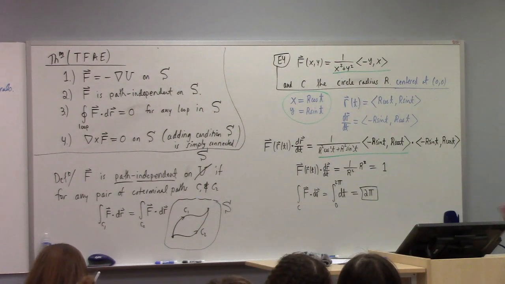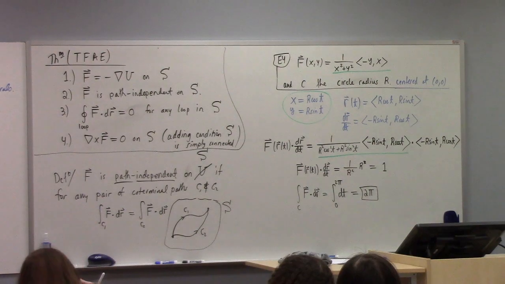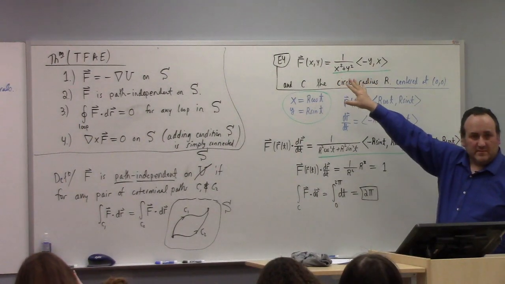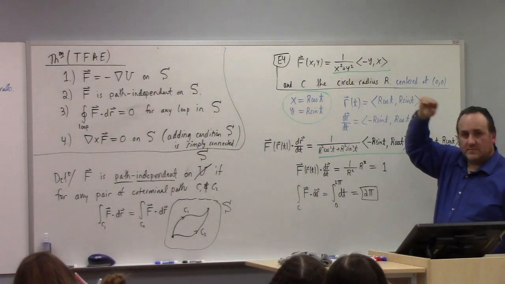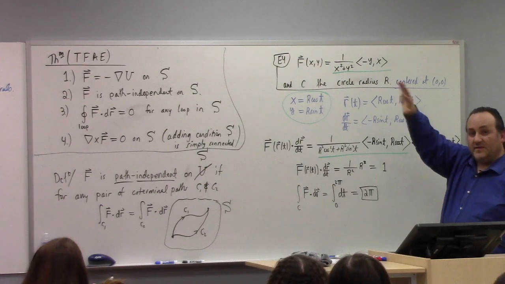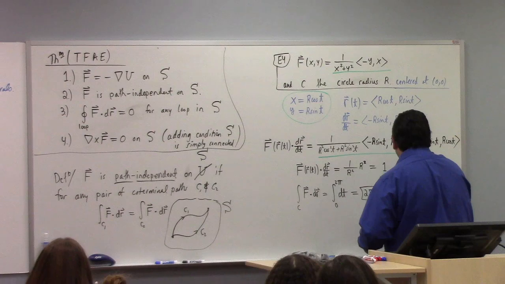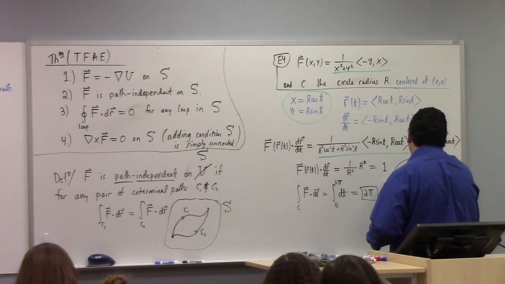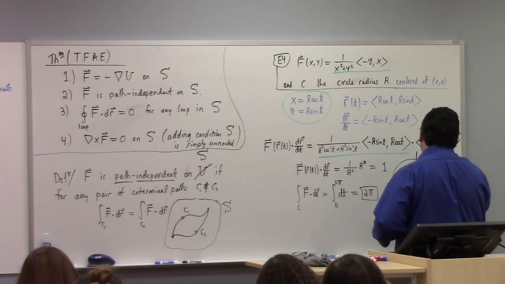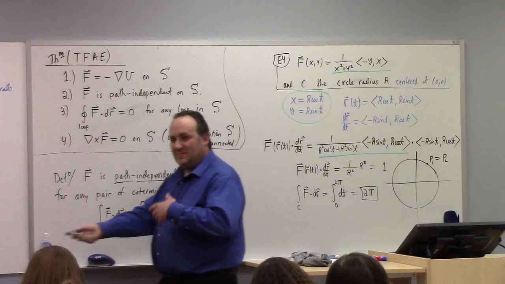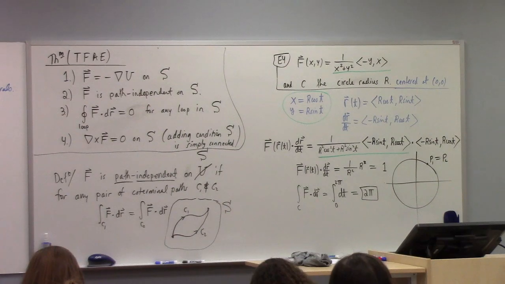Now, how about my example 4? Do you guys understand why this can't be conservative? Suppose you had a potential energy function. Think about the circle. Pick a point, call that point P1, which is also point P2. What's the change in potential energy around the circle, if it did have a potential energy function?